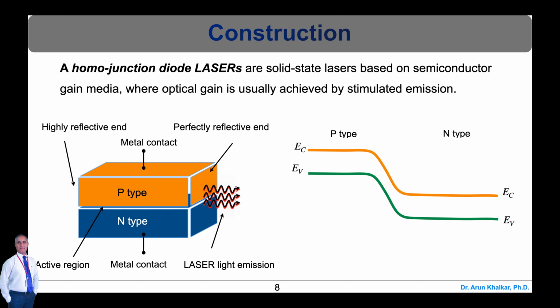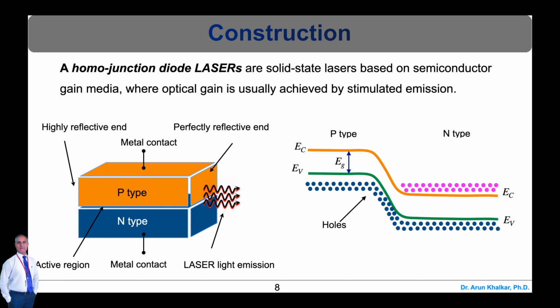EF is the Fermi energy level, whereas EG is the energy gap between the valence band and conduction band. When highly doped P and N regions are joined at the atomic level to form a PN junction, equilibrium is attained only when the equalization of the Fermi energy level takes place, as shown here.